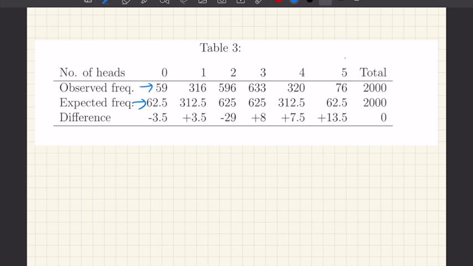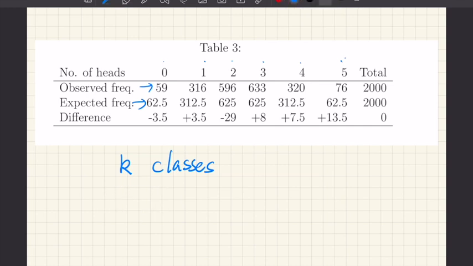Here's how you calculate this. Suppose we have k classes. In this example, we have 6 classes, so k is 6, and we have observations for each class.